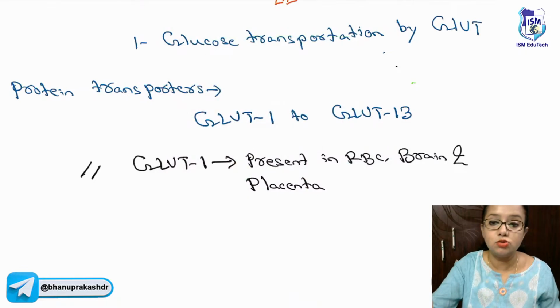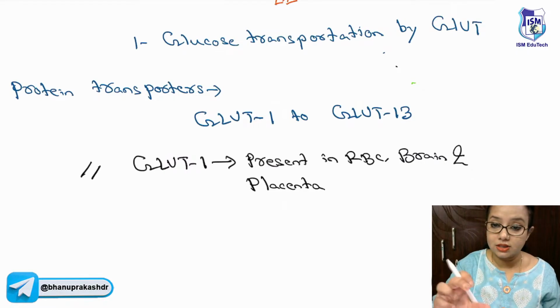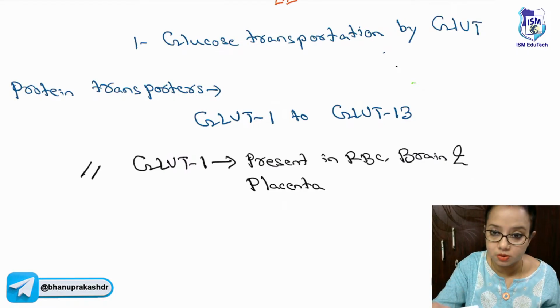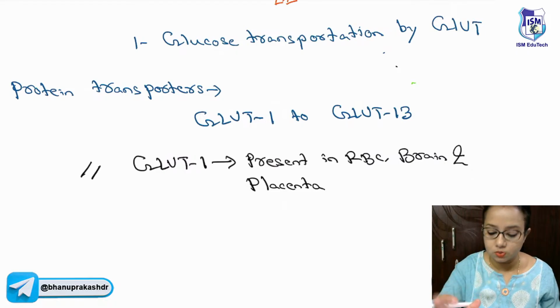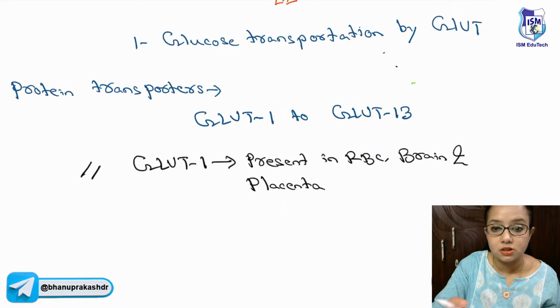What is the clinical relation of it? Say, due to some mutation in the gene, the GLUT1 transporter has a problem in the binding site, or its structural integrity is not proper, and glucose is not able to bind onto it. Then what will happen?